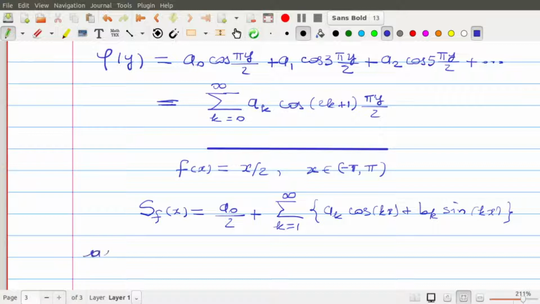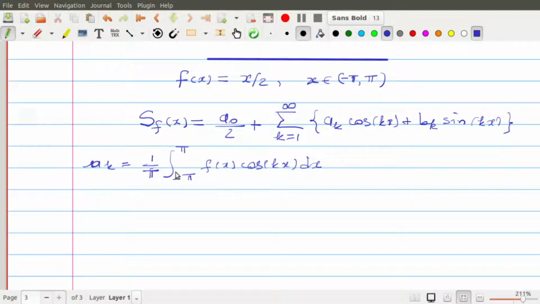So ak is equal to 1 by pi, the integral from negative pi to pi of the function f of x into cosine kx dx. So there are two steps. This formula holds for k running from 0, 1, 2 to infinity.